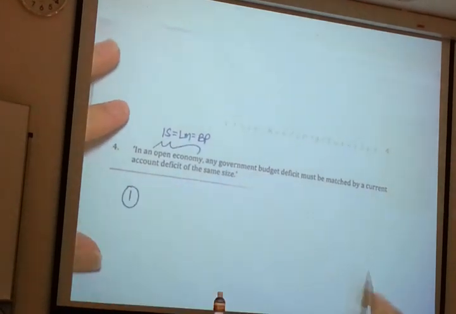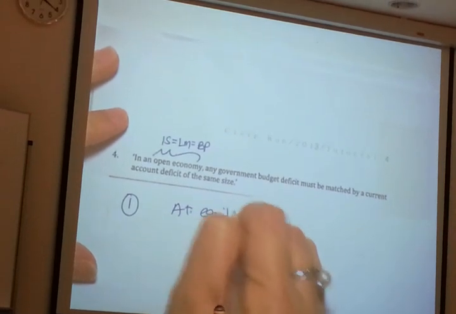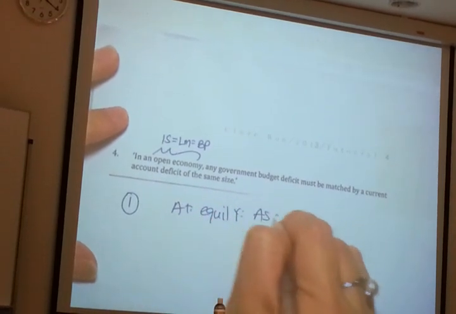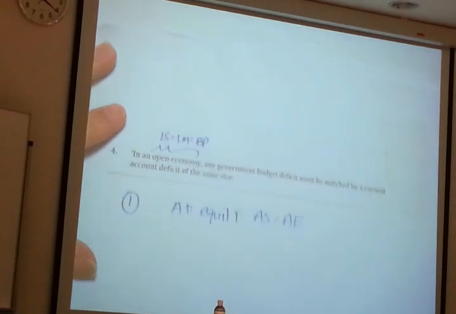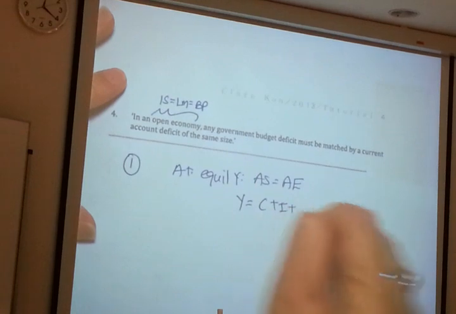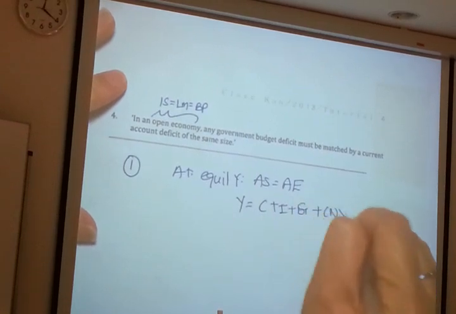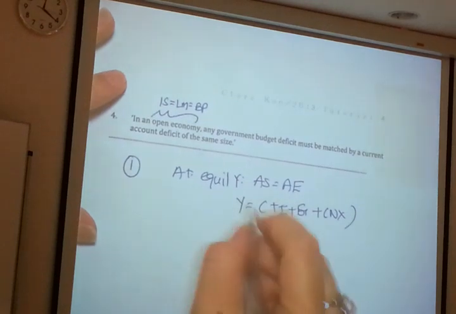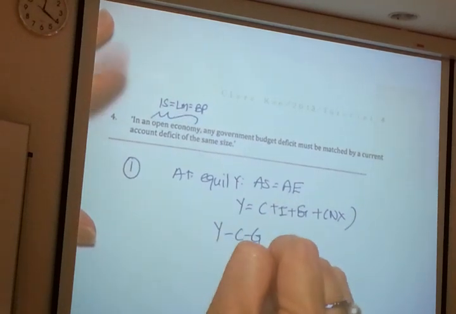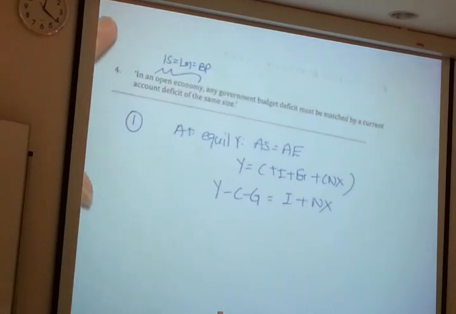Step 1, first you must know you are at equilibrium income in the goods market. Supply equals spending. So you write out C plus I plus G, plus your NX. Then you group your C and G to the left. You are left with I plus NX.